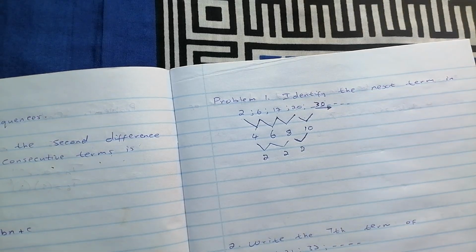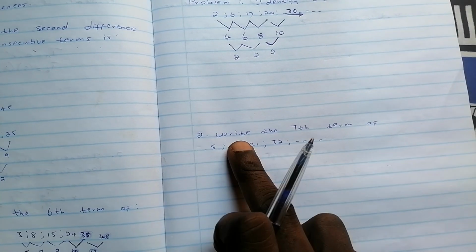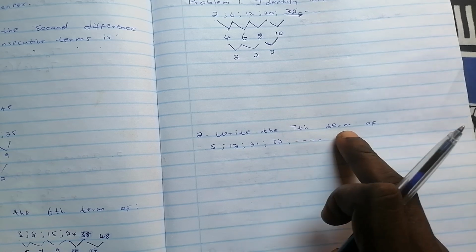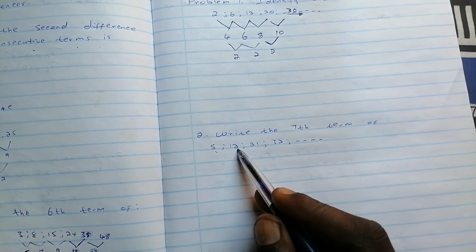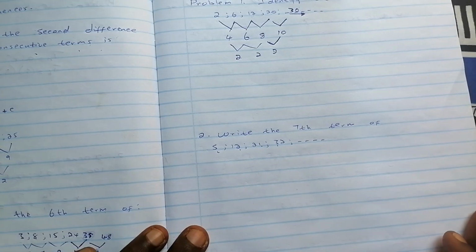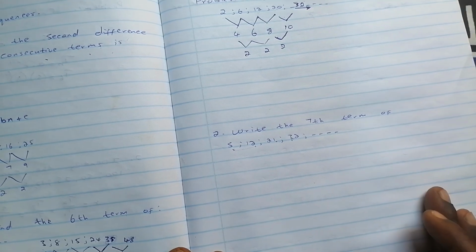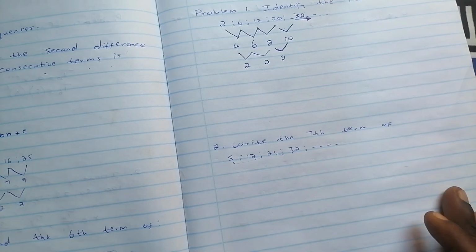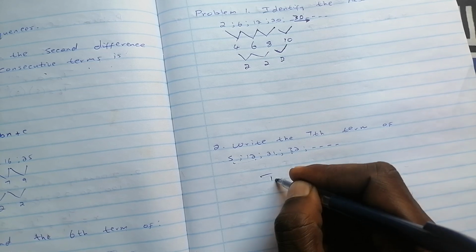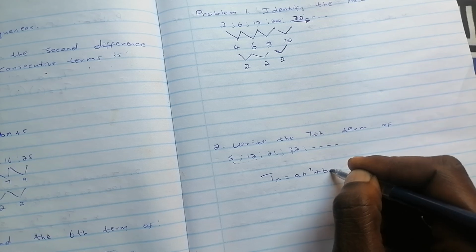Okay, so now let's look at this question here. It says write the seventh term of this sequence here, 5, 12, 21, 32. Okay, so let's first find the general formula. Tn equals an squared plus bn plus c.